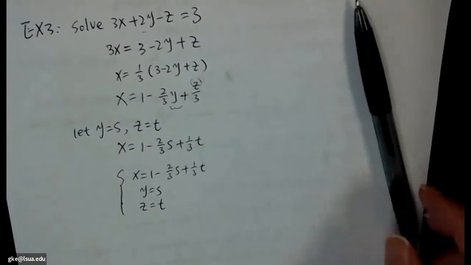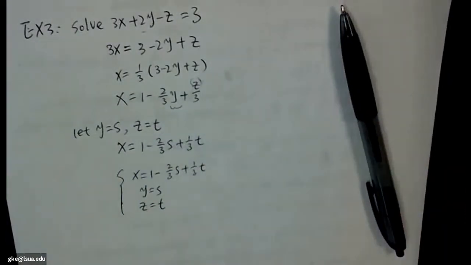For each s and t, we can find the values for x, y and z.